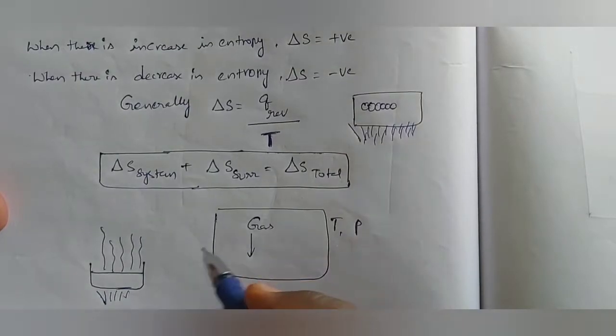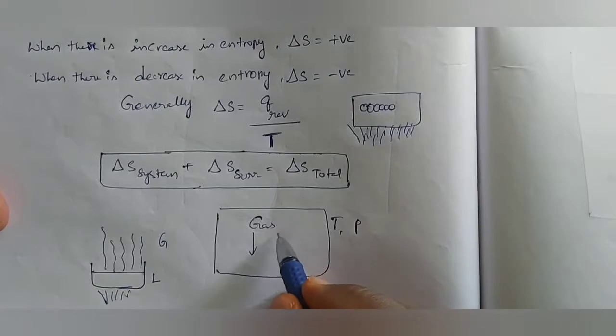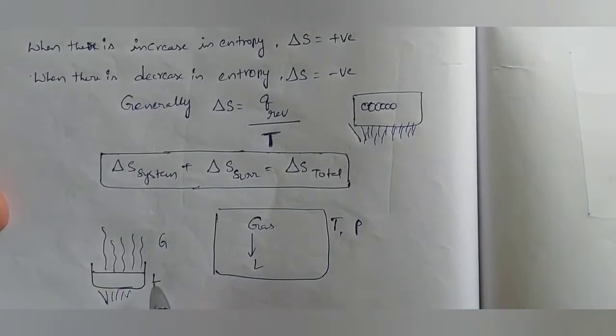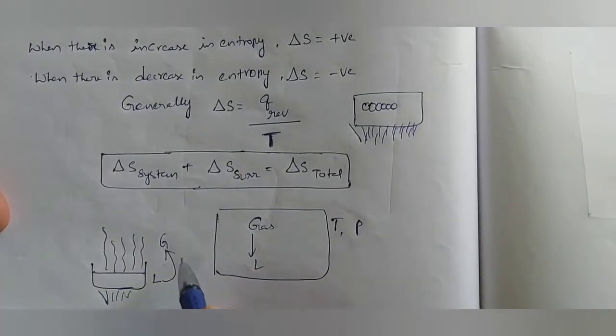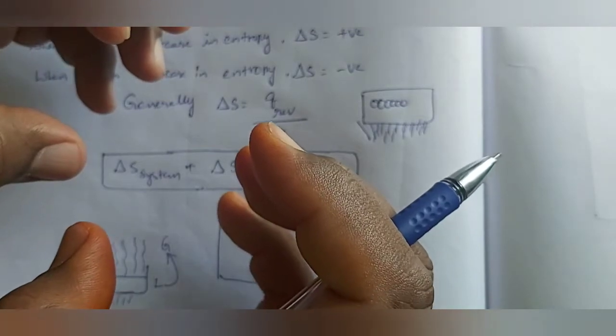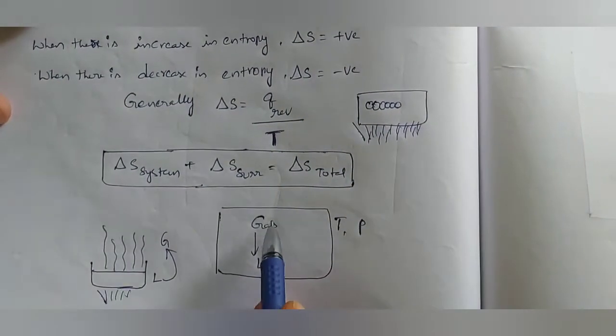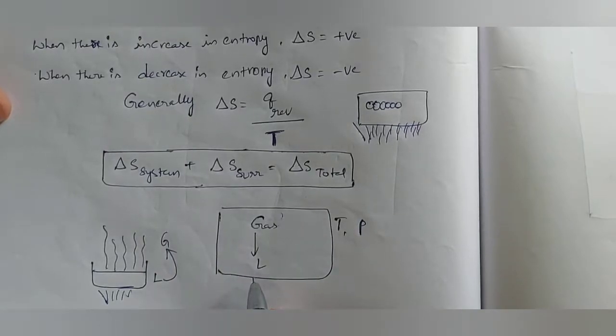So out of conversion of liquid to gas and gas to liquid, which is the spontaneous process? Liquid to gas only is spontaneous, because simply by heating, converting ordered molecules to disordered molecules is easy for us compared to disordered molecules changing to ordered.